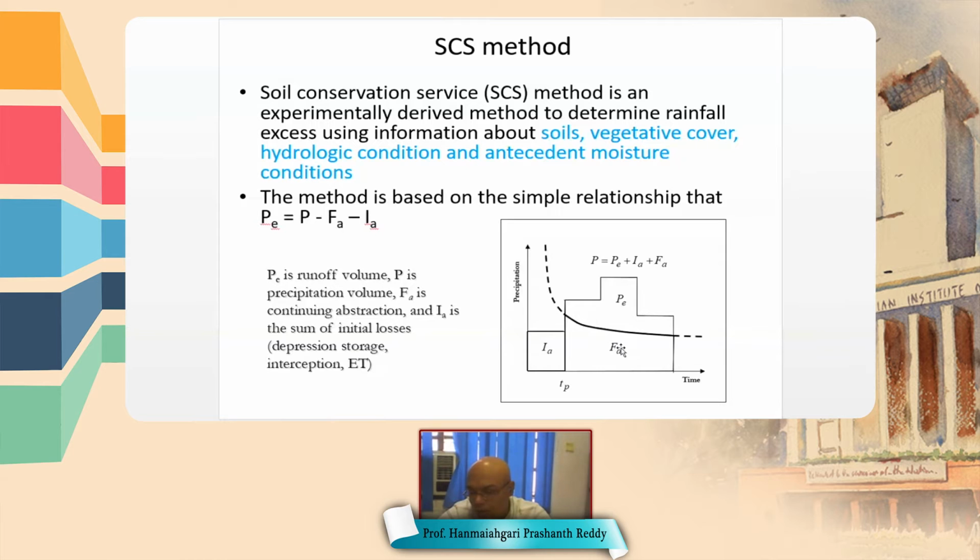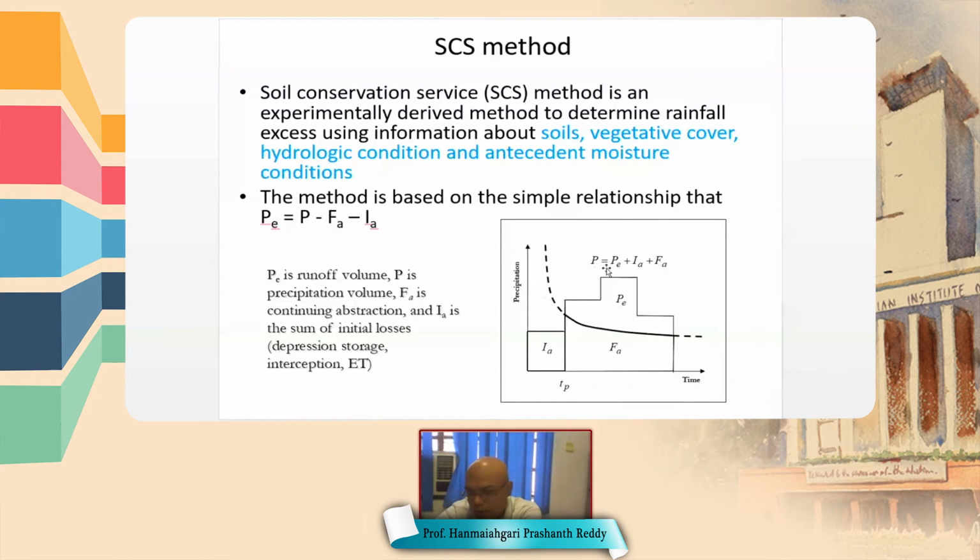The rainfall below the potential infiltration curve goes into the soil as infiltration, so that water will not contribute to runoff. Above the curve, represented by Pe, is the excess rainfall, and this excess rainfall contributes to the runoff.